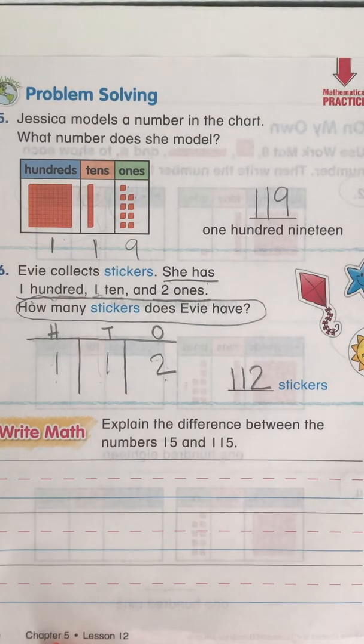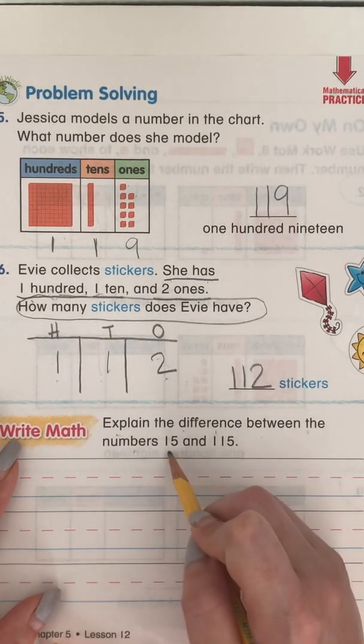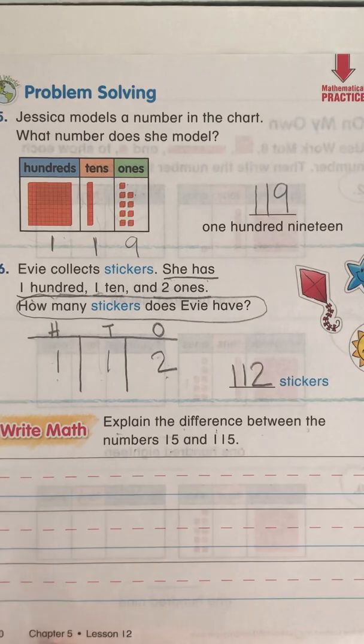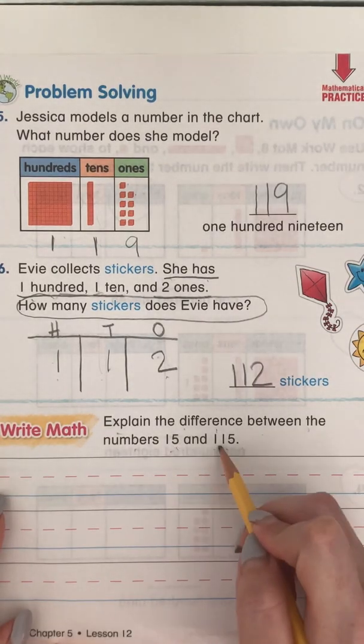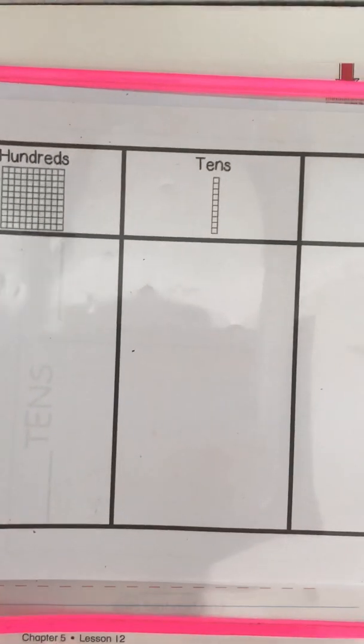And finally, our write math says, explain the difference between the numbers 15 and 115. How are they different, boys and girls? How is the number 15 different from the number 115? So I'm going to show you on my place value chart. I'm going to cover this one for a little bit.